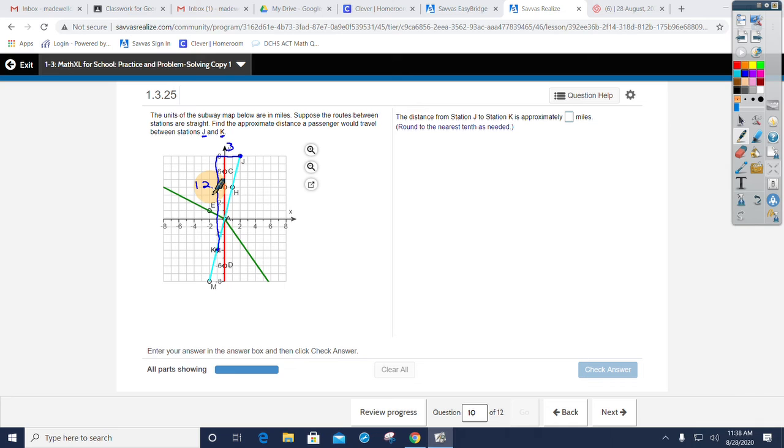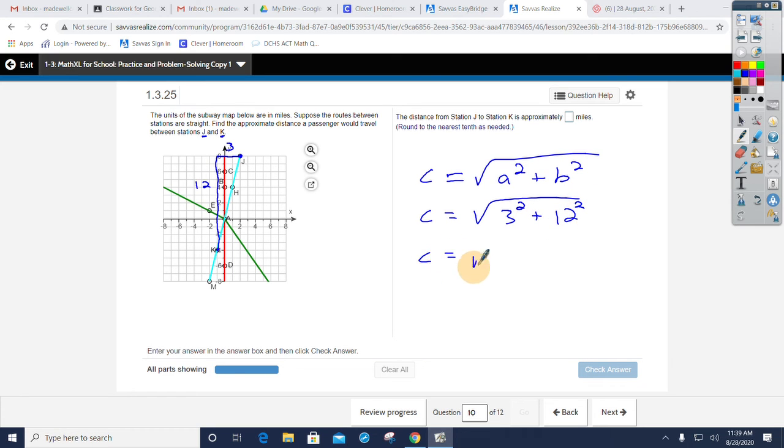Okay, now just use the Pythagorean theorem formula. We've been kind of nice here. We haven't had to use that distance formula very much. So A would be 3. And B is 12.